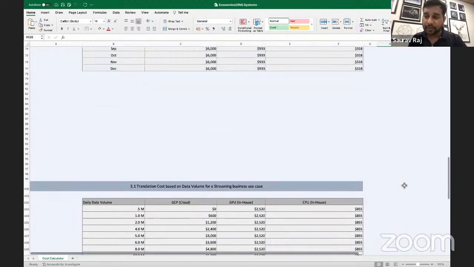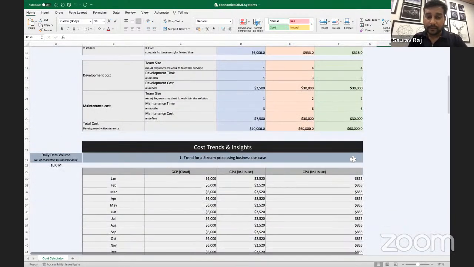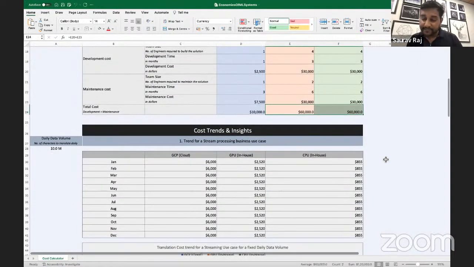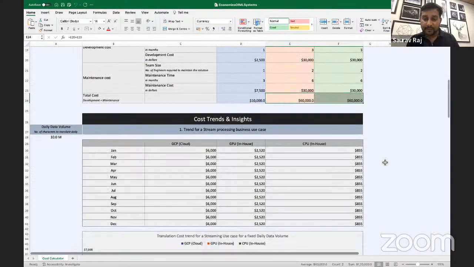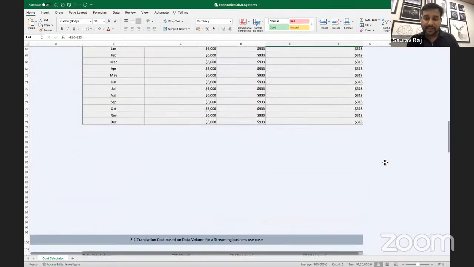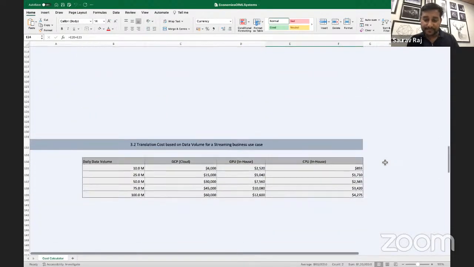So I'll go to the top and show you again. It's $60,000 we are spending when we are building the solution in-house. So let's try to understand at what point in time we can actually recover this $60,000 of in-house development and maintenance cost. And this chart will give us this answer.